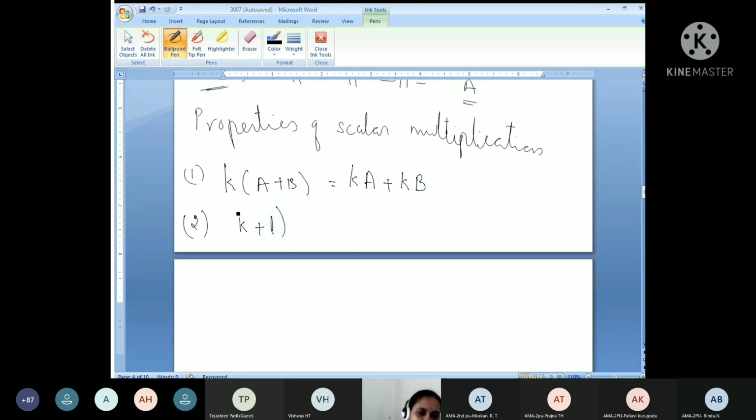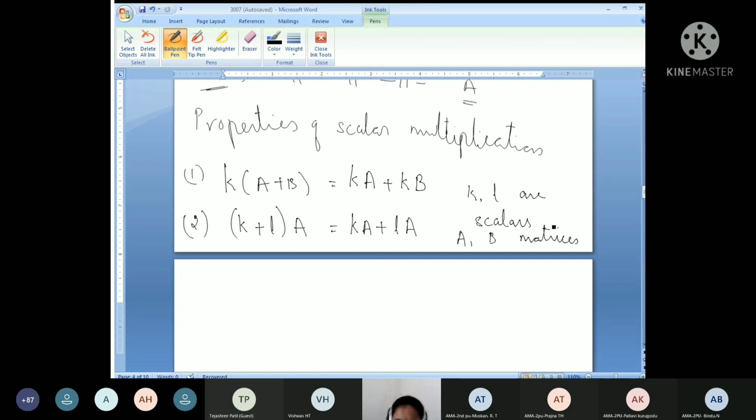(k plus l) into matrix A is equal to kA plus lA, where k and l are scalars and A is a matrix. I hope you understood this.